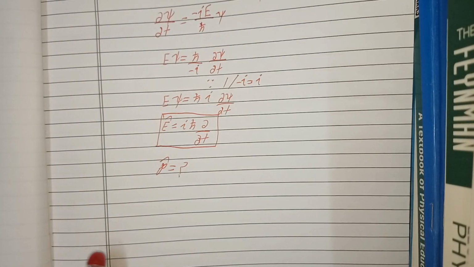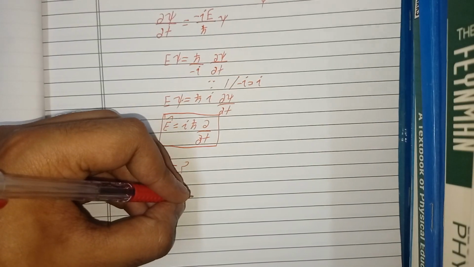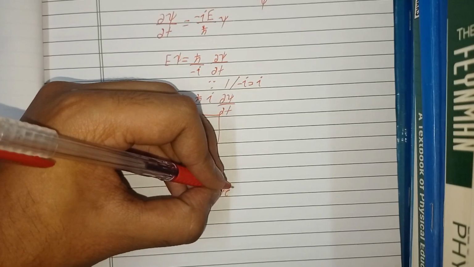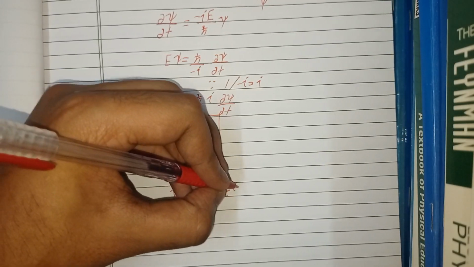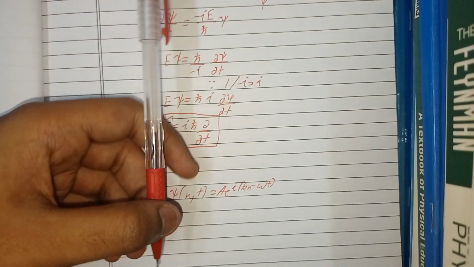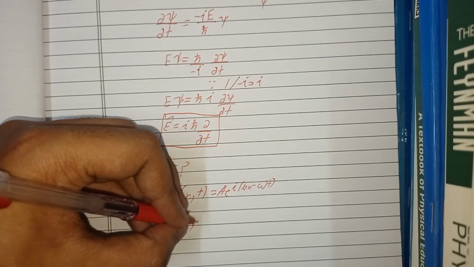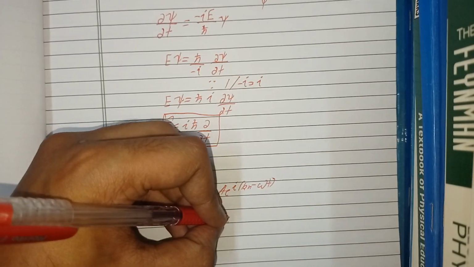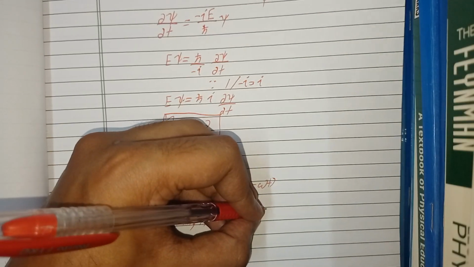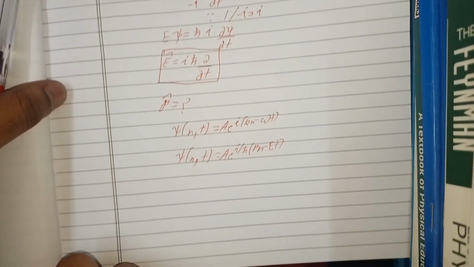So let's find out the momentum operator. Doing the same thing with the same equation we have written down, using the same relations, we get this. It is a straightforward, simple relation.